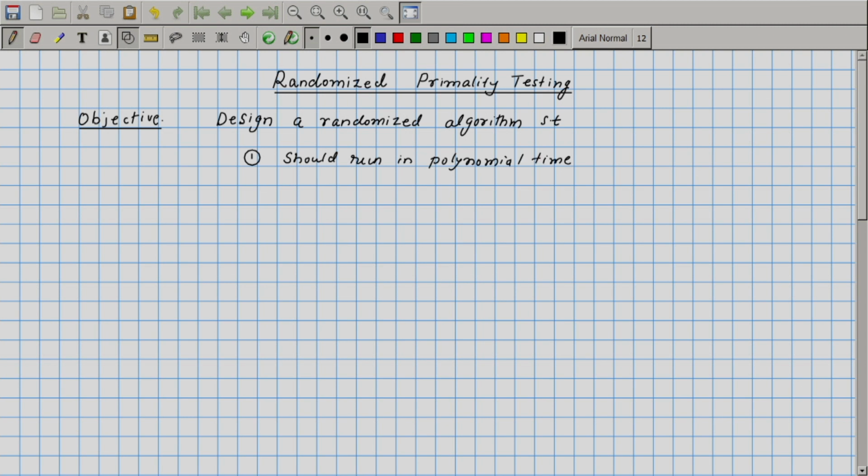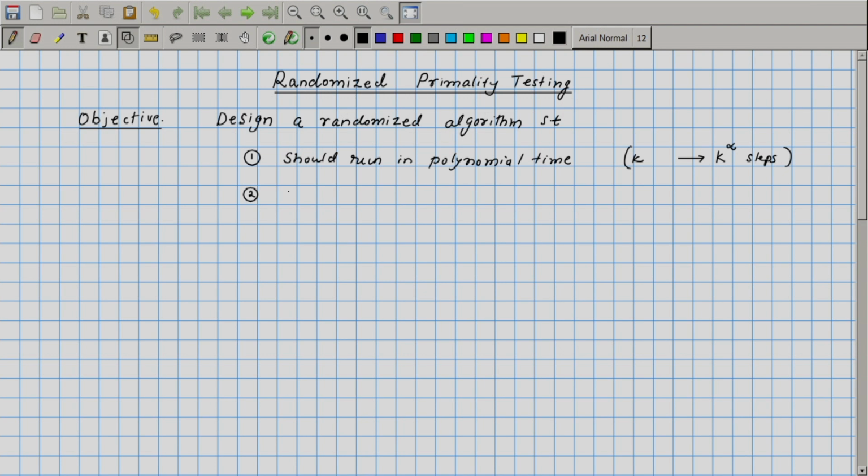That means if the input is of size, let us say, k, then the algorithm should take no more than k raised to alpha steps, for some fixed alpha.